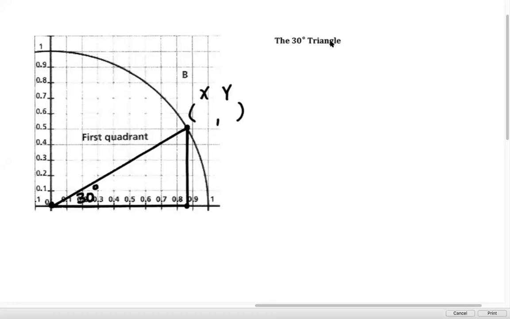The next extremely valuable angle we're going to look at that appears on the unit circle and in drawing and in drafting and in trigonometry is 30 degrees. Now, we can look at 30 degrees, and we also can look at it in terms of a portion of 2 pi.